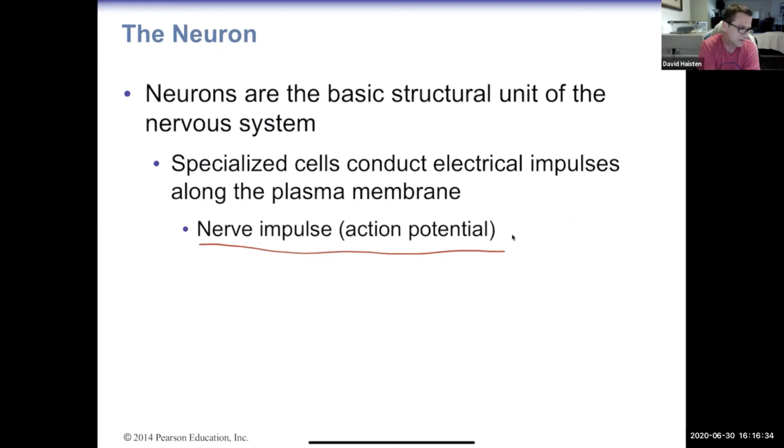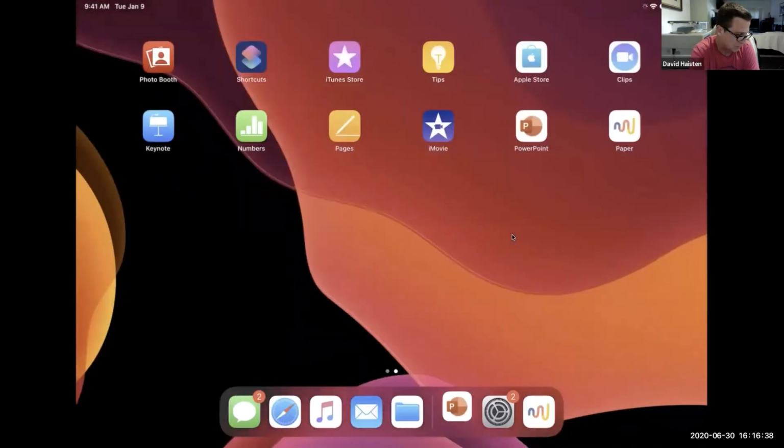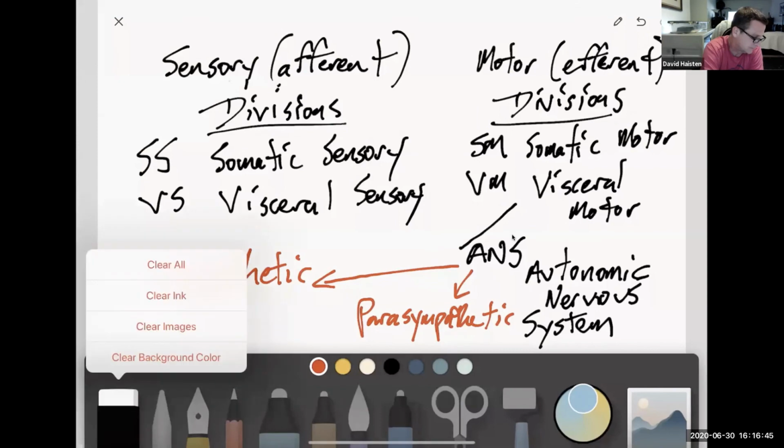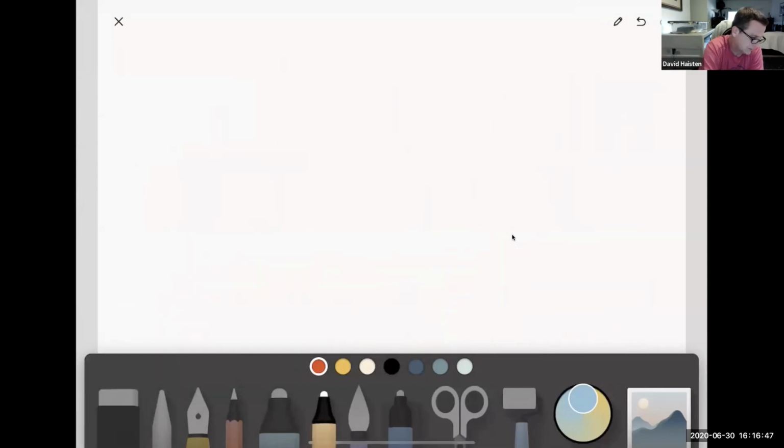So nerve impulse, action potential, that's all about the neuron. How does it really work? How do they convey the electrical signal? Stay tuned for physiology. I'll tell you briefly how it works, but I'm not explaining it. You have to go to physiology for that.